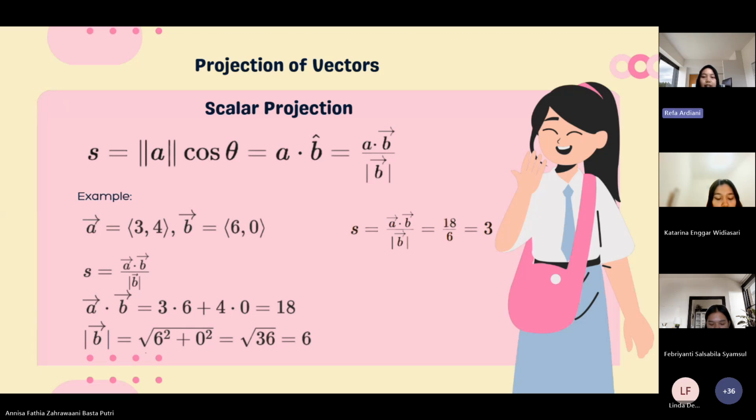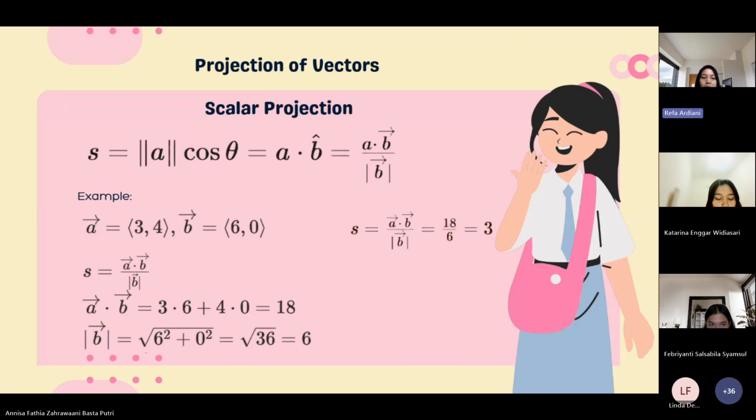Okay, scalar projection. Scalar projection is used to measure how much of one vector lies in the direction of another vector. Unlike vector projection, scalar projection produces only a number, or a scalar value.